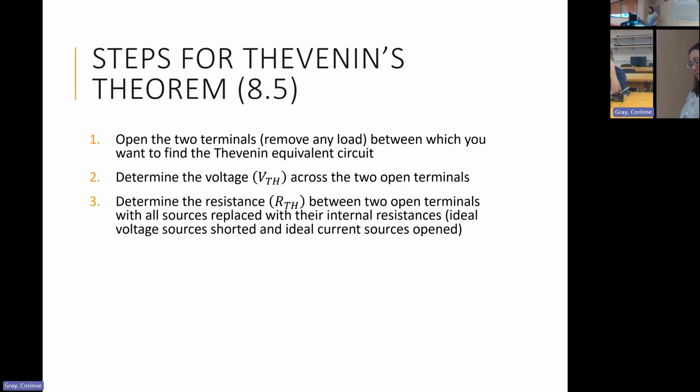You then need to determine the resistance. This is RTH between the two open terminals with all sources replaced with their internal resistance. So if it has some internal resistance, the battery becomes a resistor. If there is no resistance for the battery, it becomes an ideal wire.